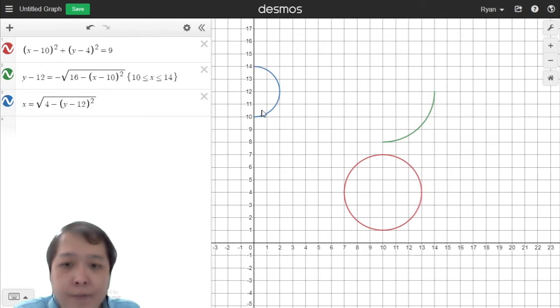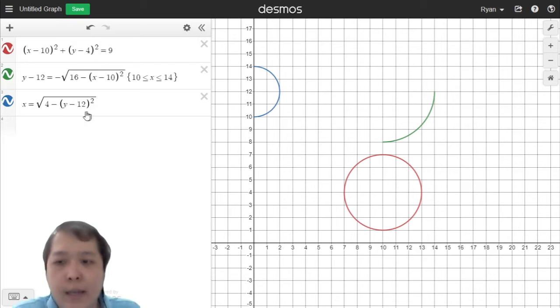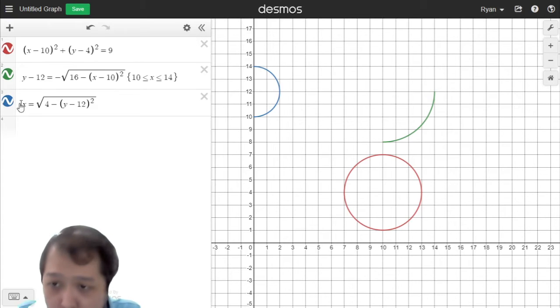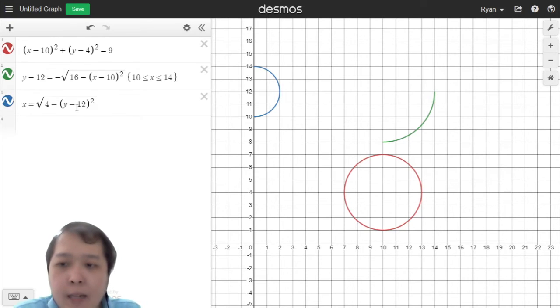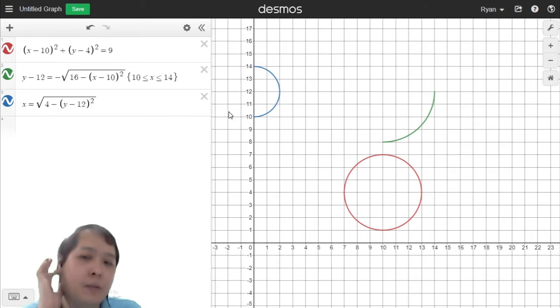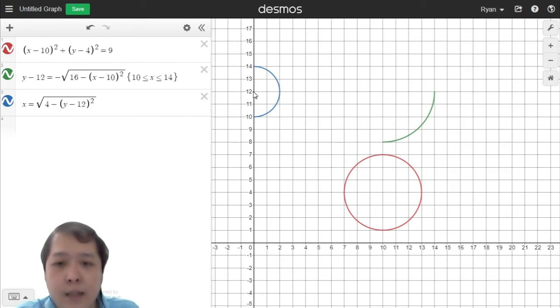We only have positive values for x. The negative part is not possible. Okay, and again the center would be 0, 12 here. No modification in the x part, and the y is positive 12 here, the opposite sign, remember. So the center is 0, 12, it's obvious, and the radius is 2 coming from the square root of 4.